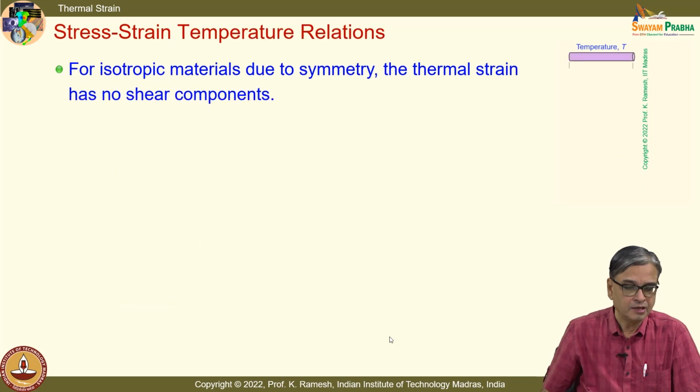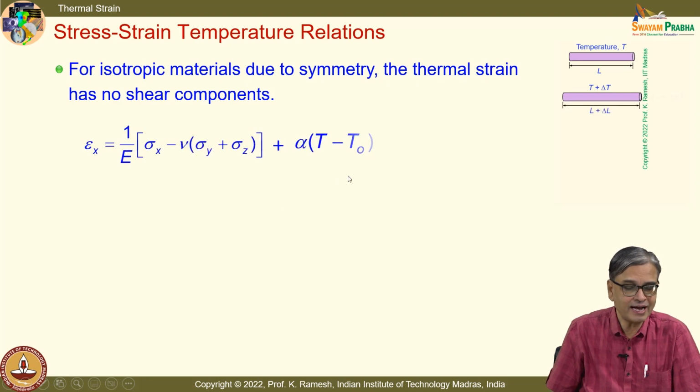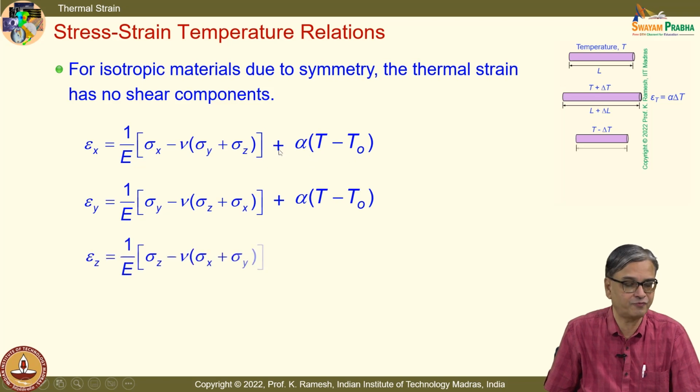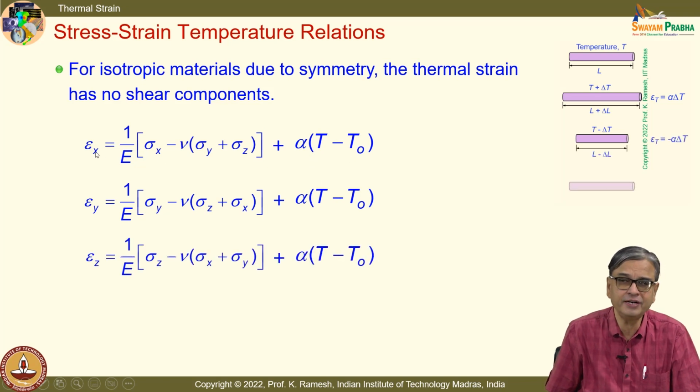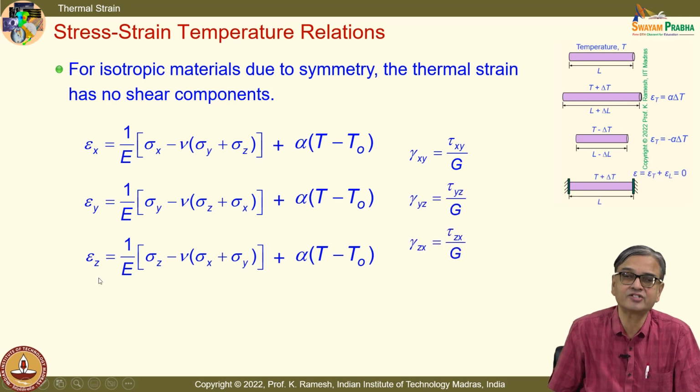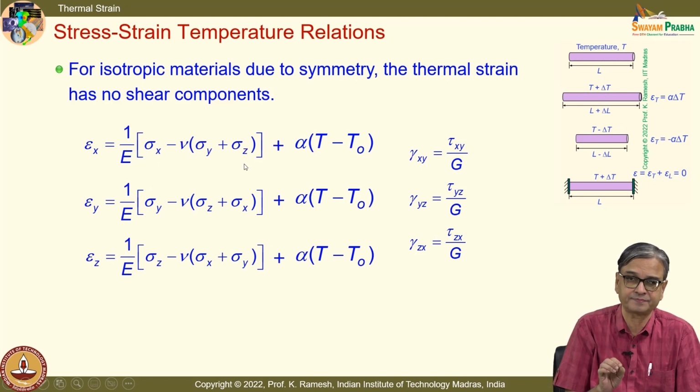Okay. And what happens when you look at the stress strain relation? You have to add one extra term, alpha times delta T, for your epsilon x strain component, epsilon y strain component, and epsilon z strain component. And by now I have sensitized you: when you write epsilon x, please bring in all the three stress components when you write the expression.